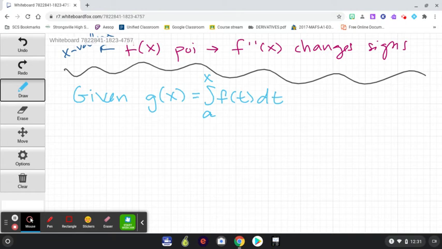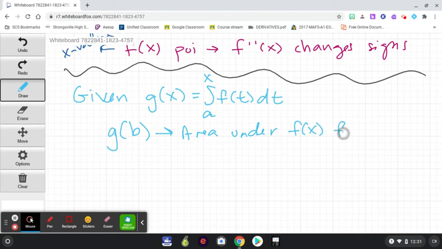If you have this setup that g is equal to a definite integral of another function, then recall, if they ask you to evaluate g at a specific number, we'll say g of b, that is equal to the area, in this case, under the f function, because that's the function in the integral, on the interval from a to b.